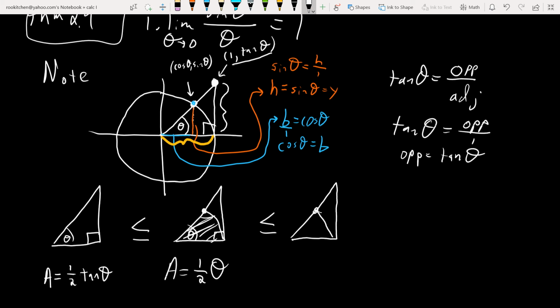So that's the little triangle, and of course the sector was right there, but I just want the area in here. In that case, the area is 1/2 base. The base is 1 for the radius, times height, and the height is given by the y coordinate above here, the cosine, sine. So that would be sine theta.